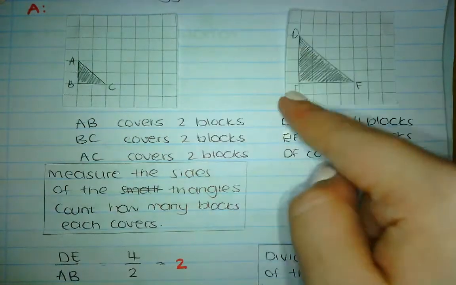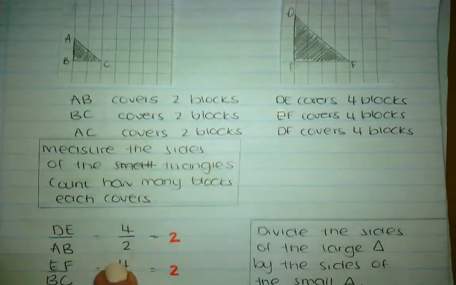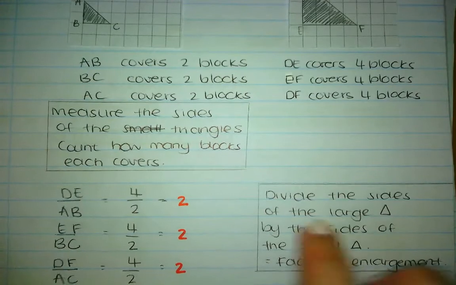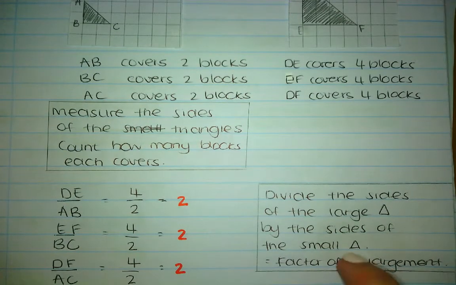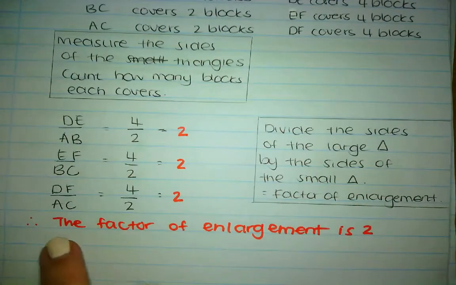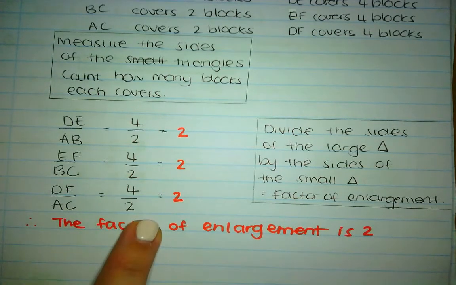So DE is 4 blocks, AB is 2 blocks, so 4 divided by 2 is 2. Okay, so that's how we're getting the factor of enlargement. So you're going to take the side of the large triangle and divide it by the side of the small triangle to get the factor of enlargement. And then your final answer is the factor of enlargement is 2, because you're getting 2 as your answer all the time here. Okay, so that's the one side.